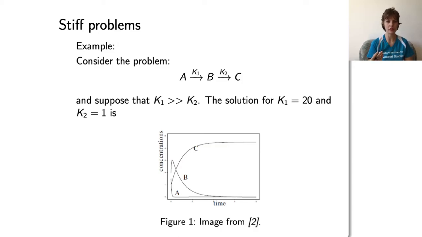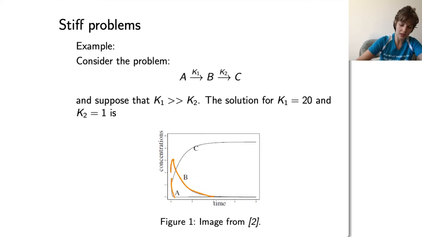So what do we see? A is decreasing really fast and transforming into B. But then for B to decrease and transform into C is really, really slow, okay?